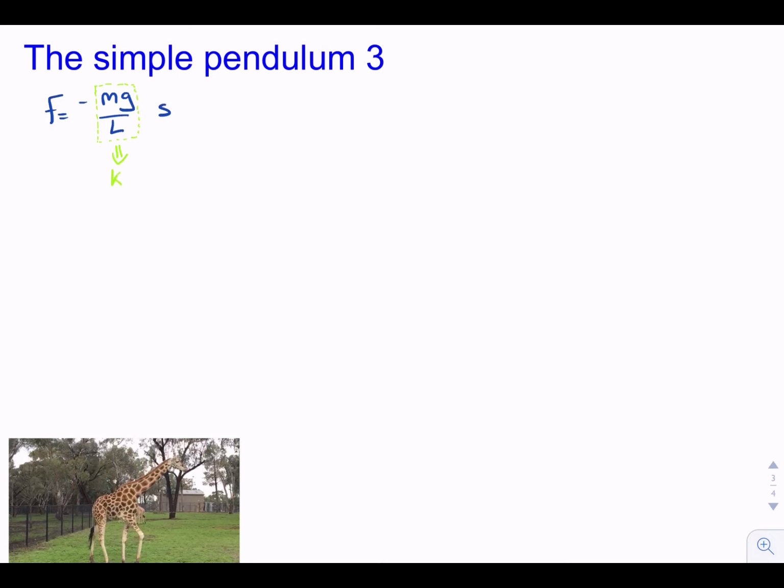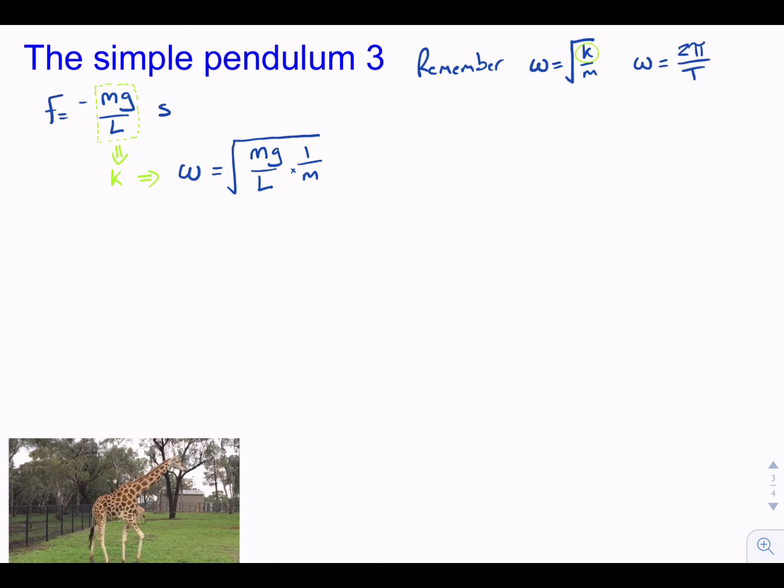Remember, omega equals the square root of k on m, and also equals 2 pi on T, the period. Now we just found a value of k, which equals mg on L, so let's put that in here and see that omega equals the square root of g on L for a simple pendulum.